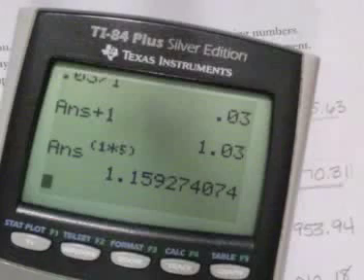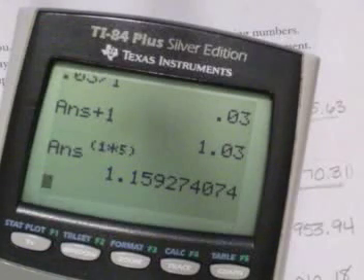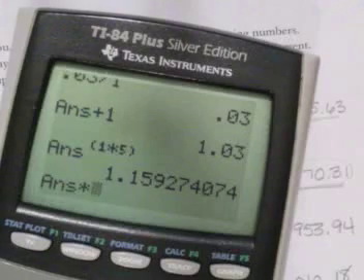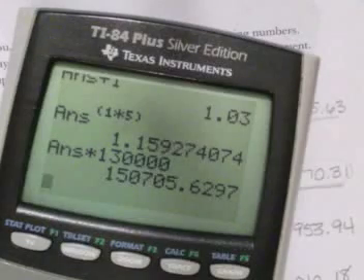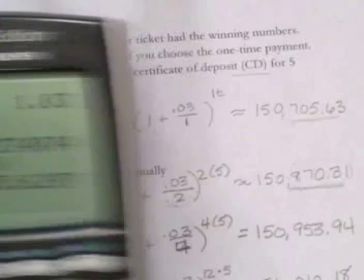And if I hit enter, I get an intermediate value of 1.15 and so forth. And I'm going to multiply that times my initial amount of $130,000. And that's how I got $150,705.63.